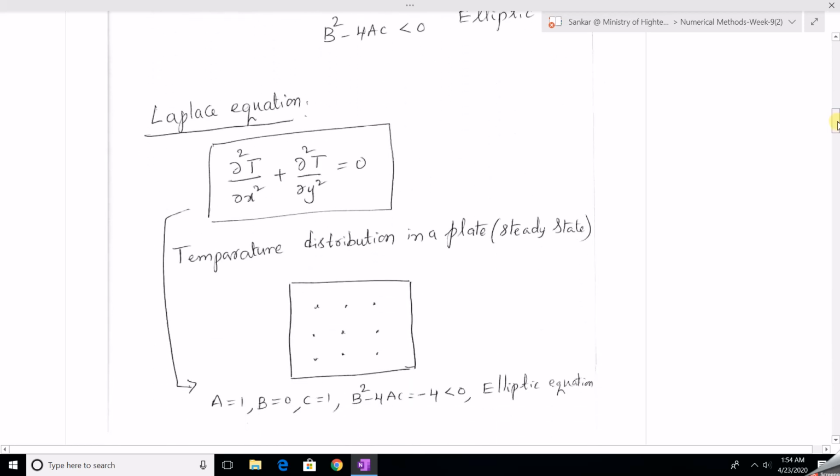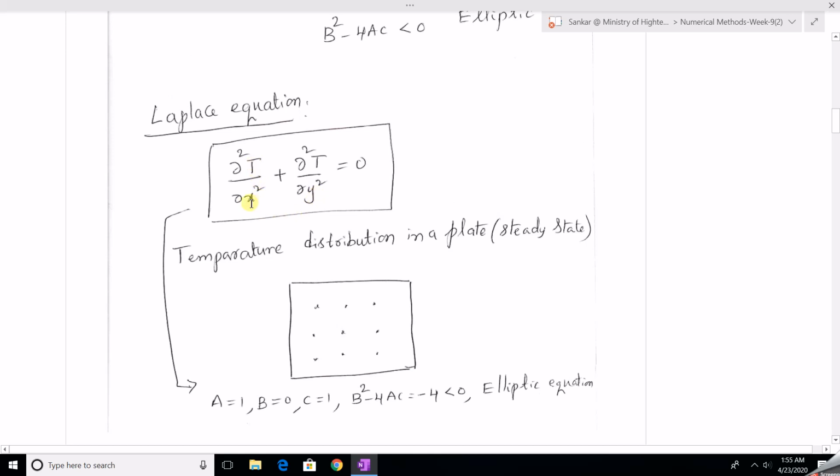Now let us look at an example. This equation dou square T over dou x square plus dou square T over dou y square equals 0. This is a second order partial differential equation, where T is the dependent variable, x and y are the independent variables.